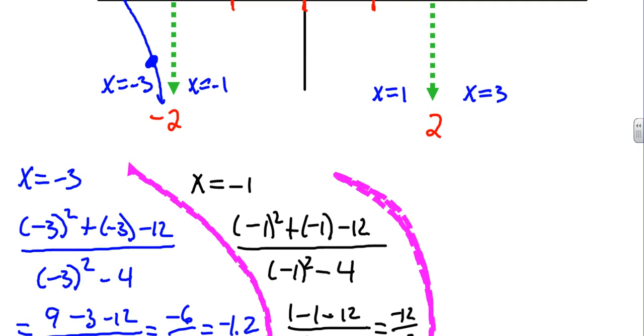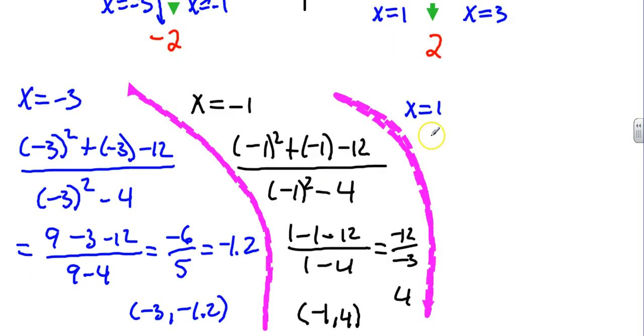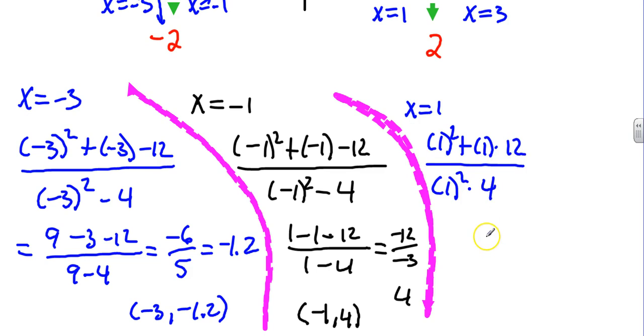So x equals 1. Same thing we had here, but we just have to change the sign. So it's 1 squared plus 1 minus 12 over 1 squared minus 4. So that's 1 plus 1, which is 2. 2 minus 12 over 1 minus 4. That's negative 10 over negative 3.